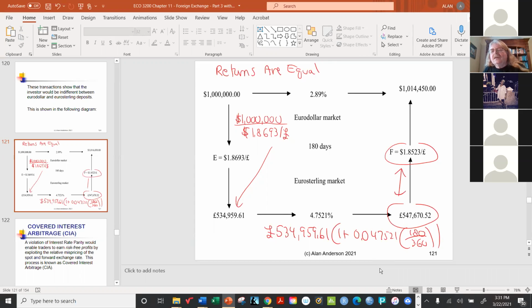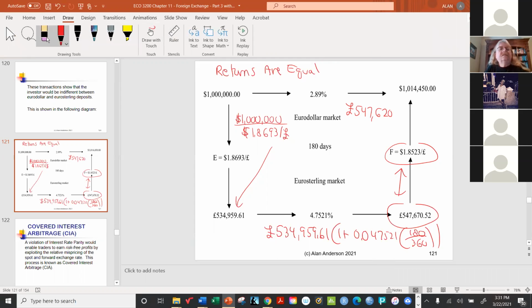So if you multiply these together, you'll see that you do in fact wind up back here, again with the potential for some slight rounding differences, at $1,014,450.